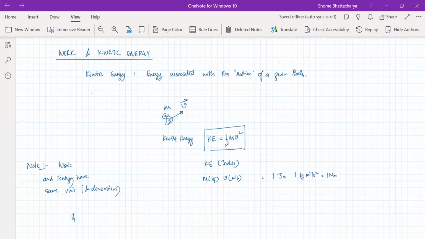Now, if a number of forces act on a body, then the net force acting on it, we know, is equal to mass into acceleration, where this net force is the sum of all the external forces acting on the body.